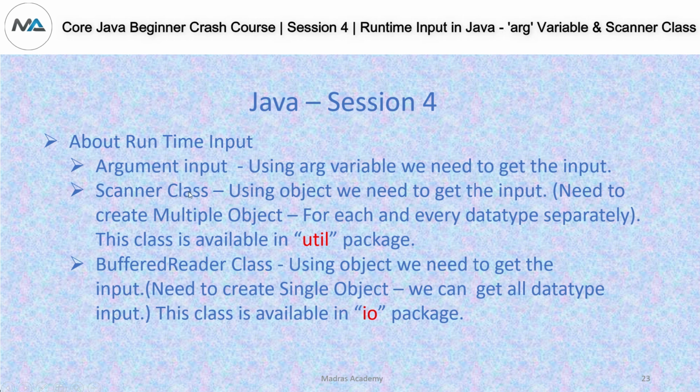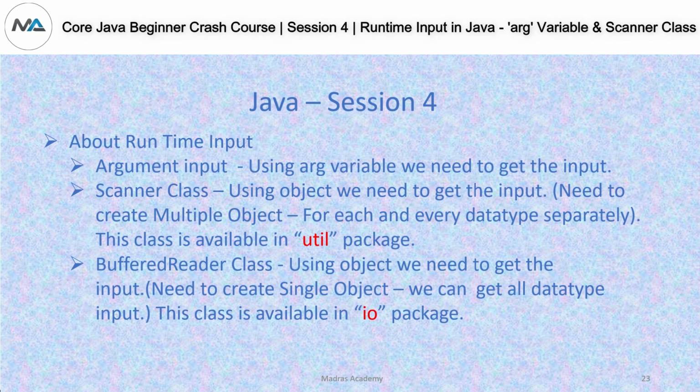Using the Scanner class: if you are going to access any method from a class, we need an object, right? So at that time, we need to create the object, and using this object, we need to get the runtime input. If I use Scanner, how many data types are you going to declare inside the program?